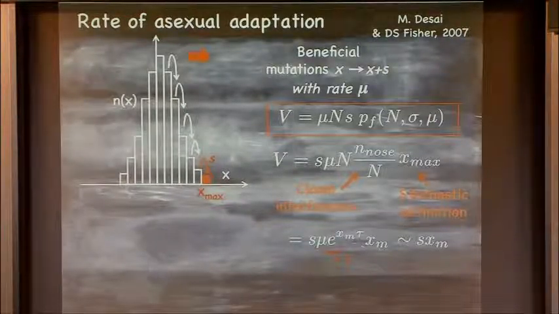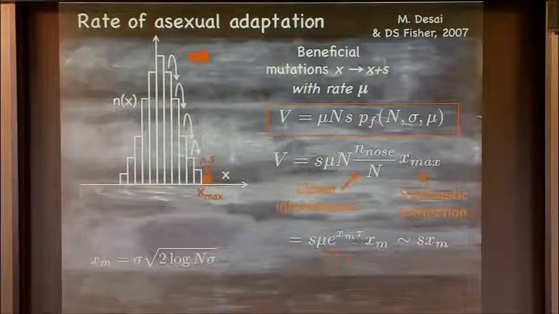And so it is growing exponentially for a time such that mutation rate times the size of this bin is equal to 1.